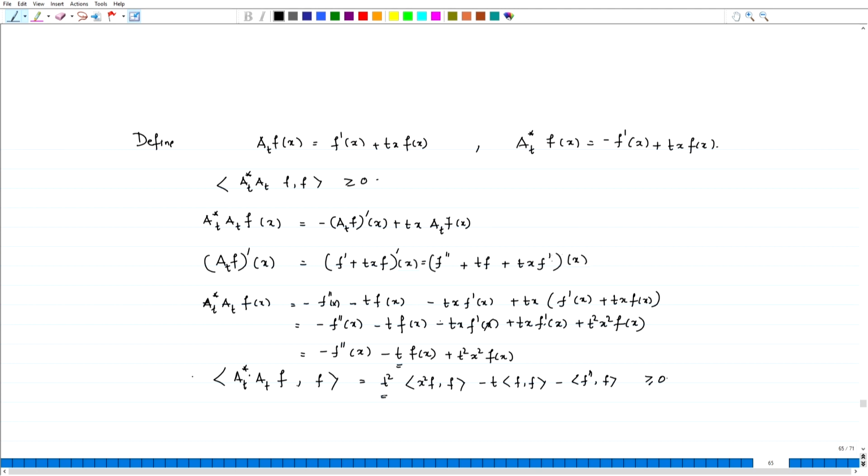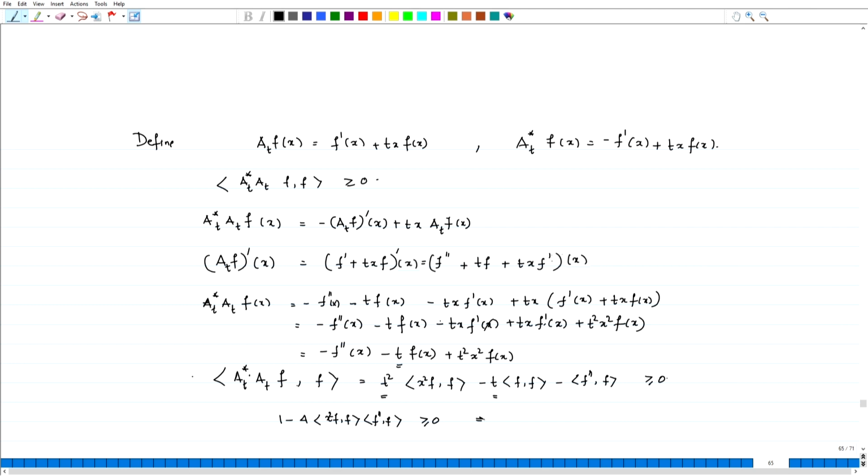Now, this is a quadratic equation in t which is greater or equal to 0. Therefore, what we have got is that 1 minus 4 A C is greater or equal to 0, where A is x square f, f, and C is f double prime, f.